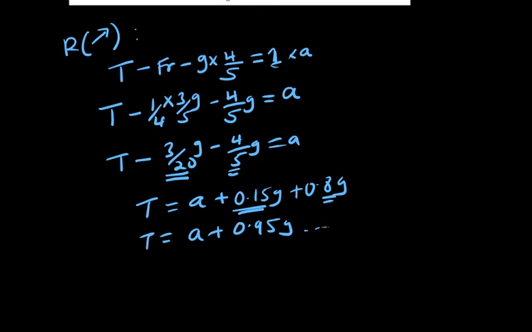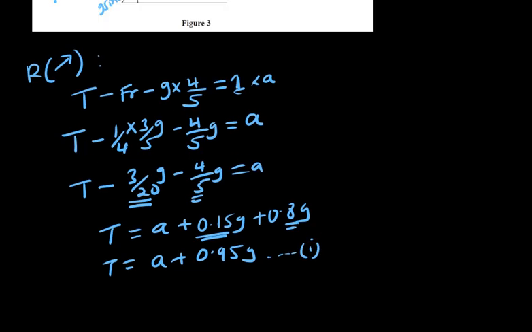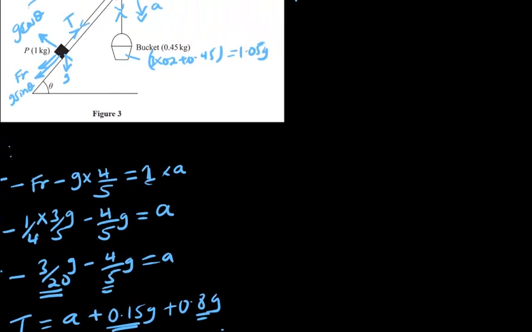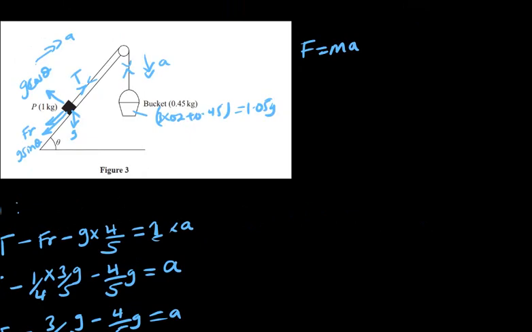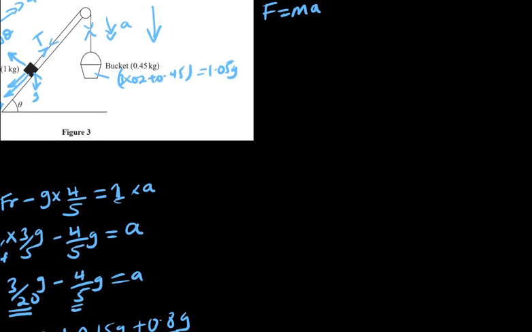Now let's consider the motion downwards after those three masses are added. If it's moving downwards, it's a clear indication that the weight is bigger than the tension.